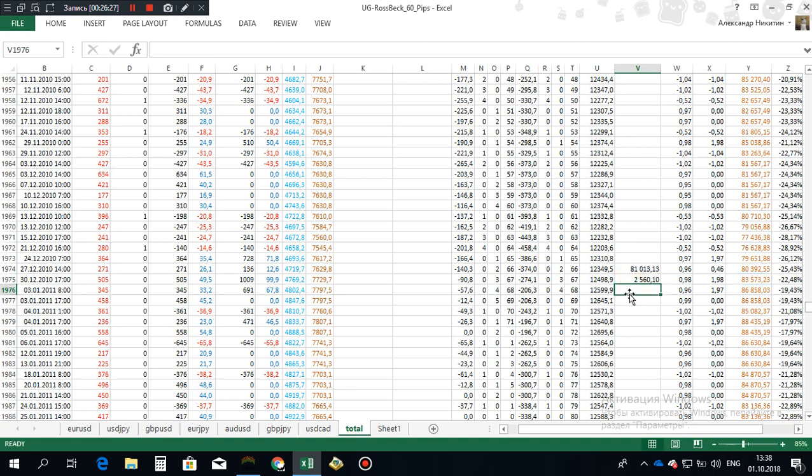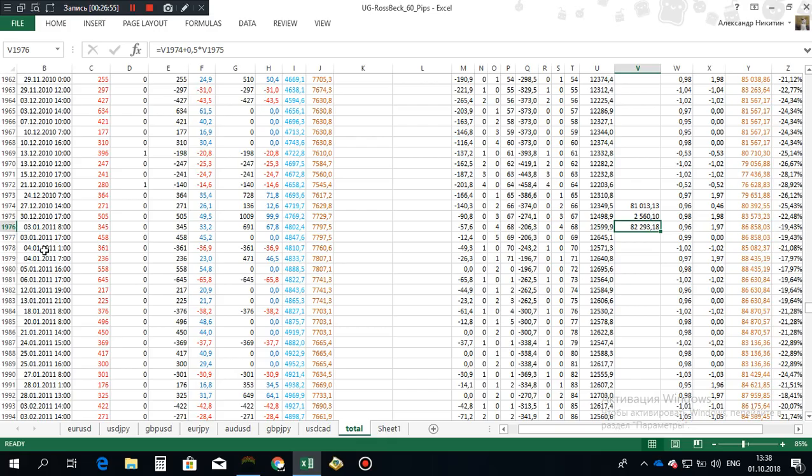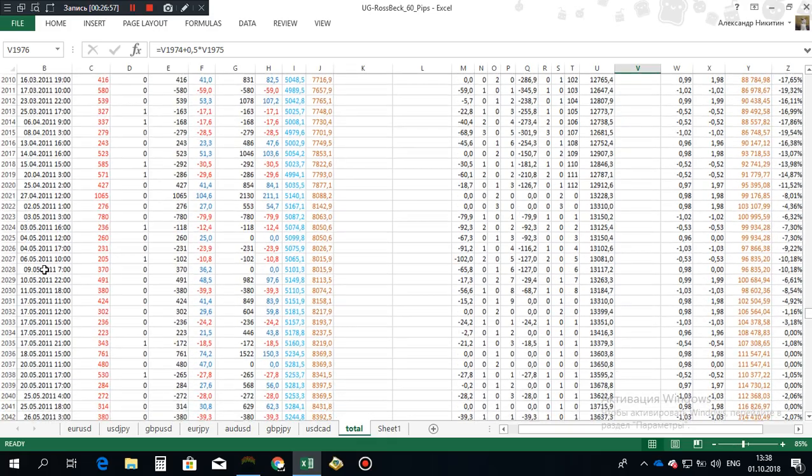Only 2K, more than 3%, roughly 3% per year. This equals what? Our old account plus half of what we have generated. Okay, and we have 82 as our starting account for the next year.